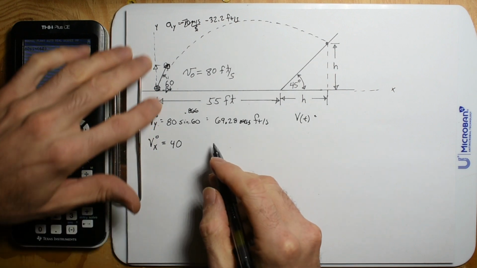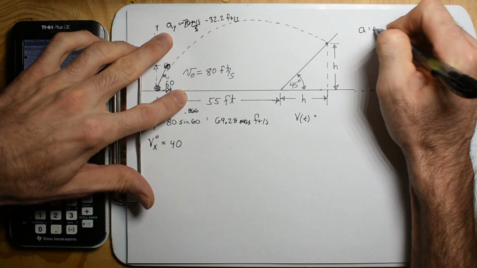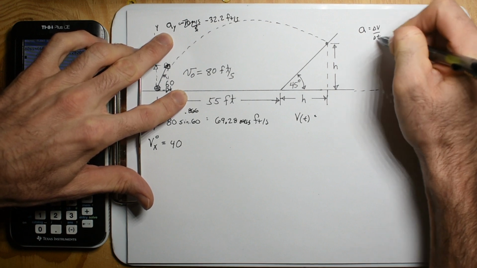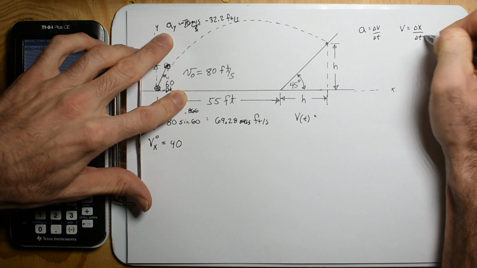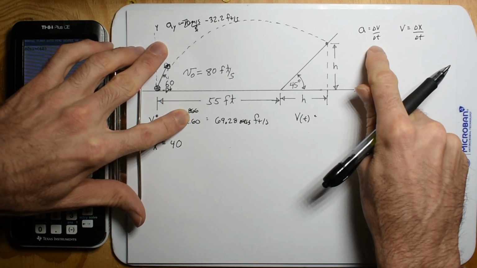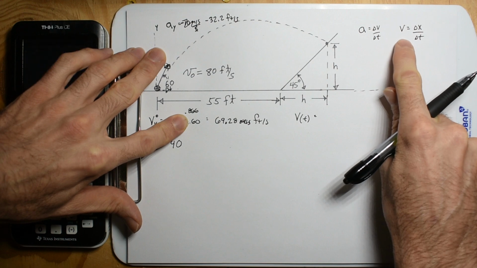Okay, so the equations that we use are that acceleration is change in velocity over change in time, and velocity is change in position over change in time. This is the definition of what acceleration is, and it's the definition of what velocity is.